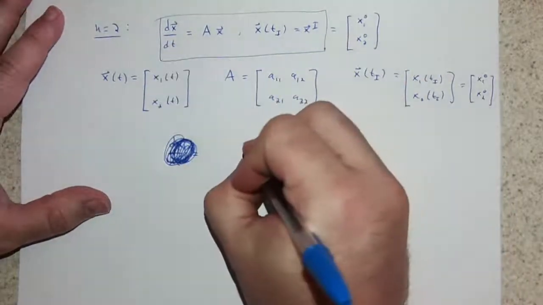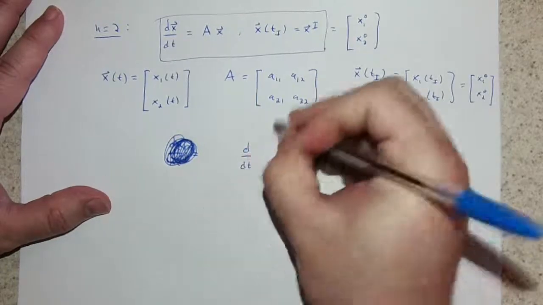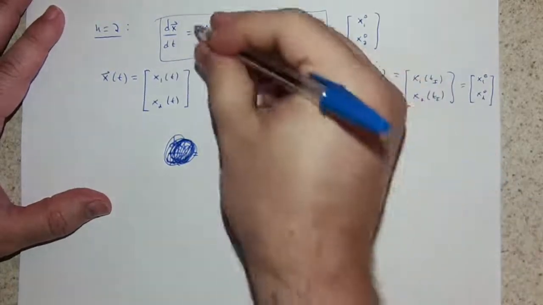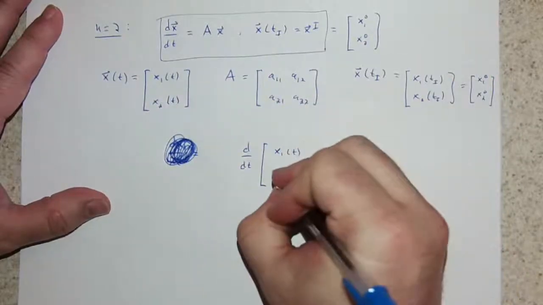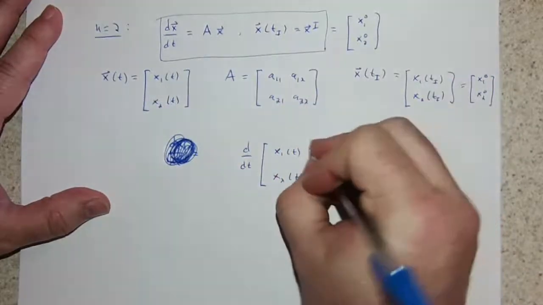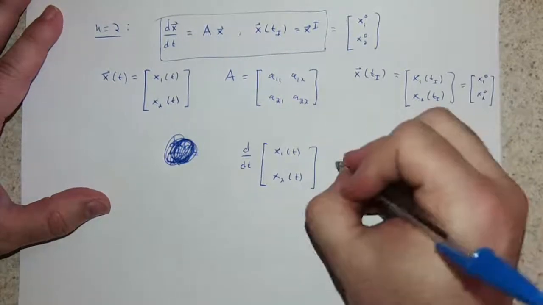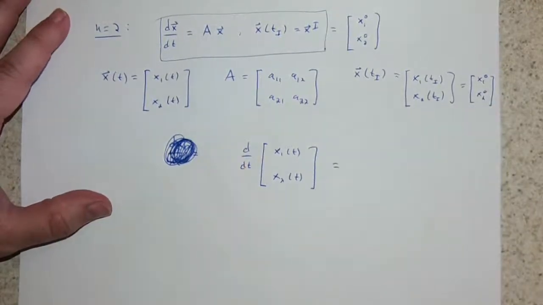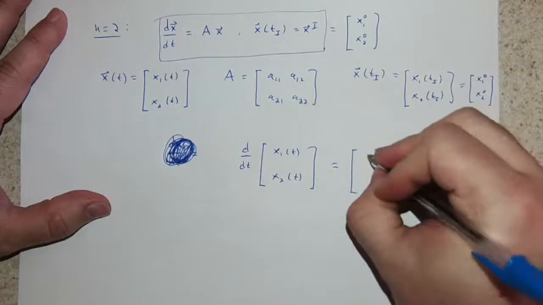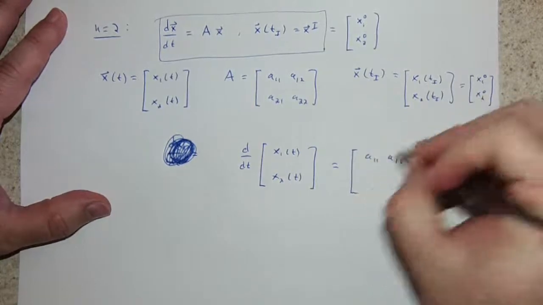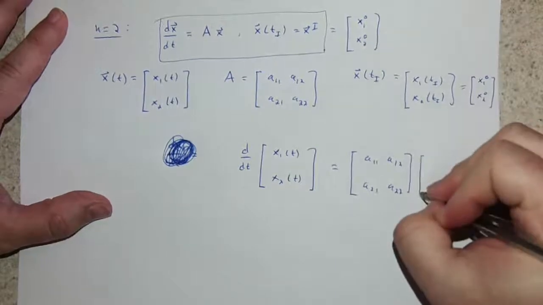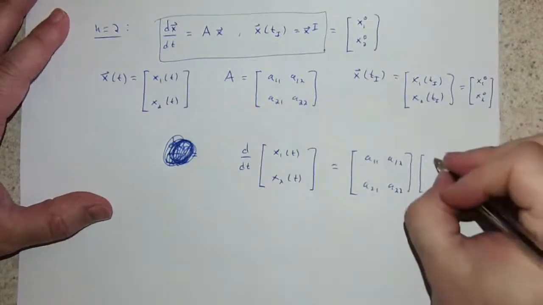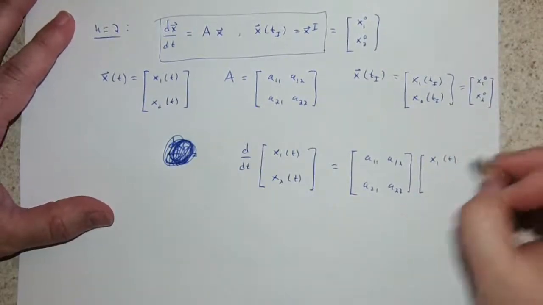dx dt, what is that? That is d dt of this vector, x1 of t, x2 of t. And that is equal to A times X, which is A11, A12, A21, A22, times the vector X, which is X1 of t, X2 of t.